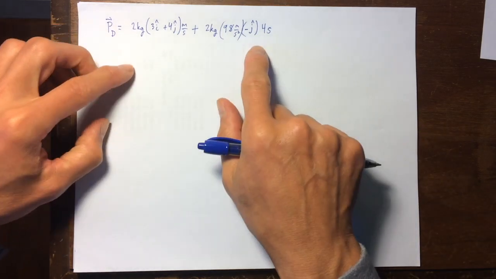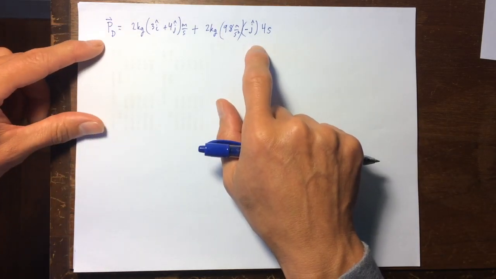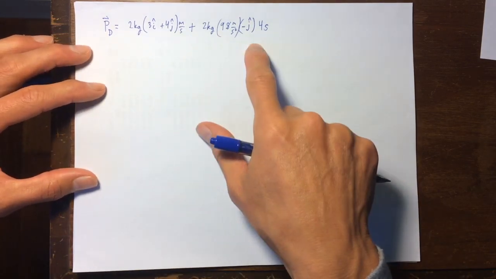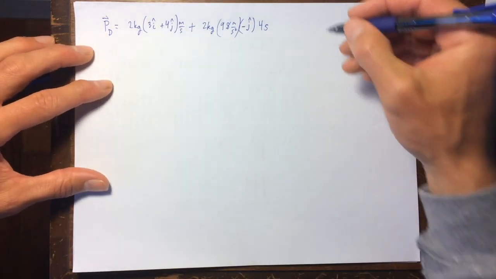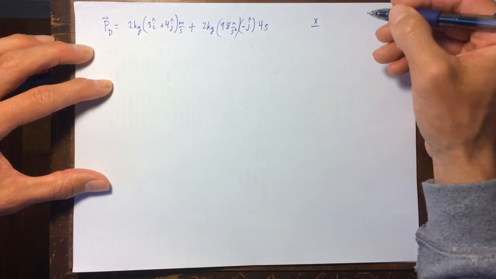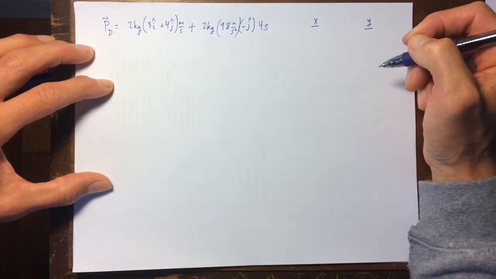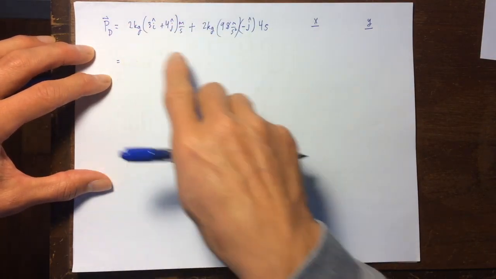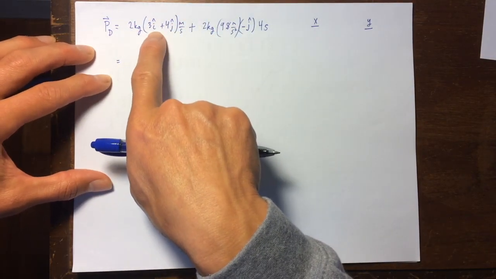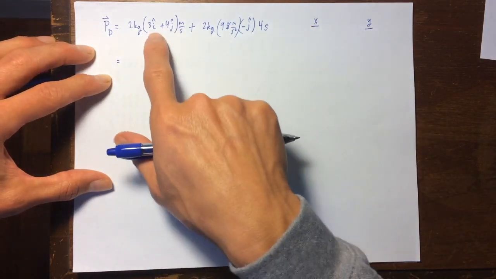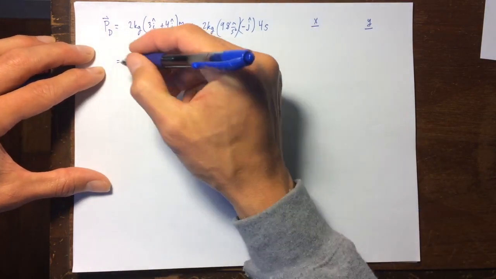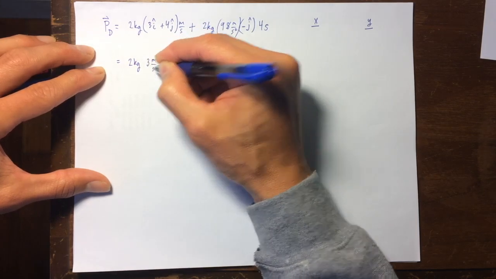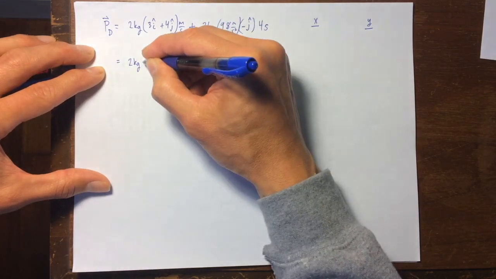So at this point, just because I'm kind of the instructor in this video, I'm going to peel this thing apart into X direction and Y direction. In the X direction, it's everything that has to do with I hat. So in the X direction, it's 2 kilograms times 3 meters per second in the I hat.